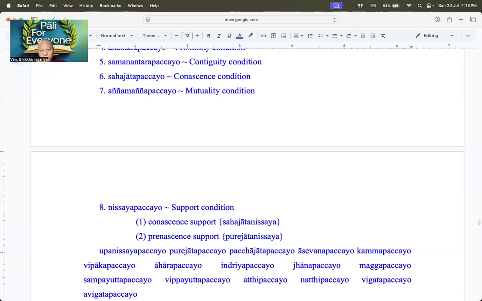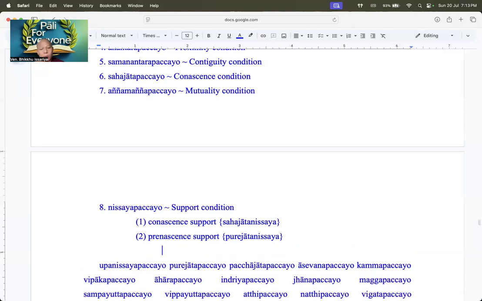And then that Purejāta also has two kinds. The first one is base prenascent support. So what is Purejāta Nissaya?